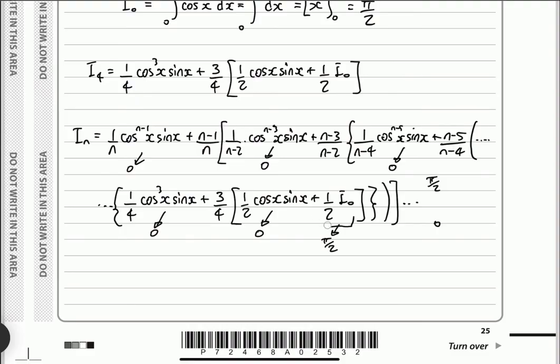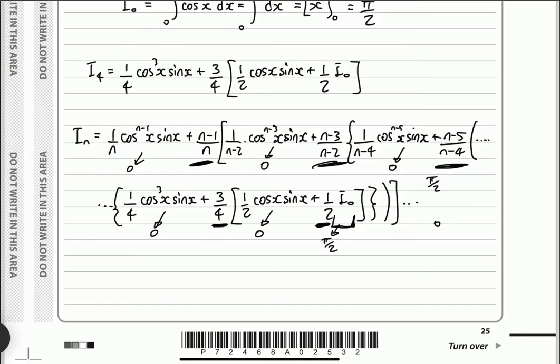Because of this nested bracket up to the nth degree, every multiplying factor in front of the bracket is going to apply to that final term I0, except for the leading term up here. That's not going to influence I0.